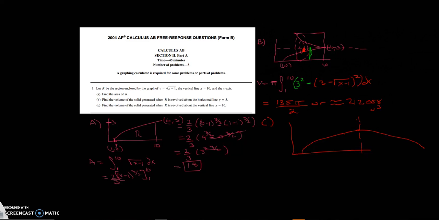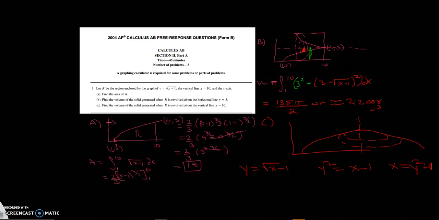So it's going to make a disk, because it's revolved around an axis that's actually touching, and there's no separation. So now we have to switch all boundaries and solve for this in terms of x. So y equals root of x minus 1, so y squared equals x minus 1, or x equals y squared plus 1.